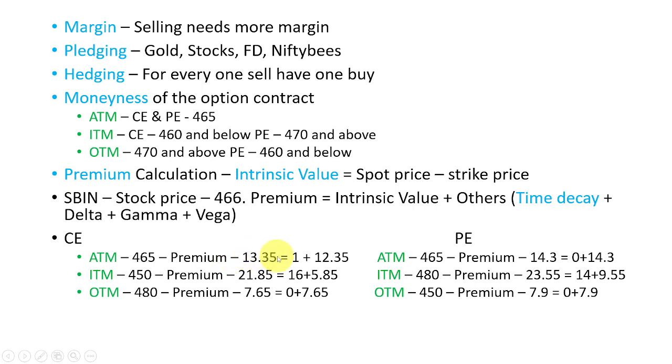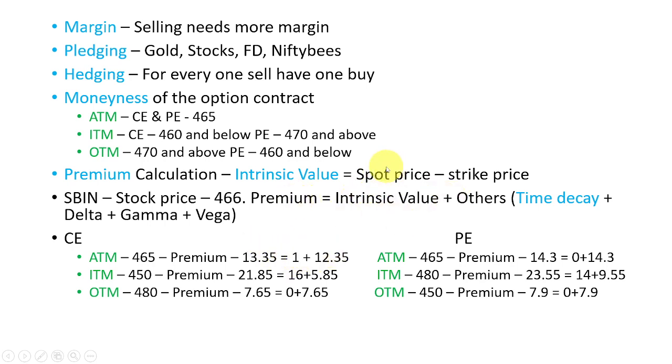This premium is calculated from this formula: intrinsic value plus others, which will have time decay, delta, gamma, vega. Time decay is called theta. Actually you won't find this definition anywhere. This is something I just gave for ease of understanding. So what you need to understand here is that the intrinsic value plus others will be the premium.